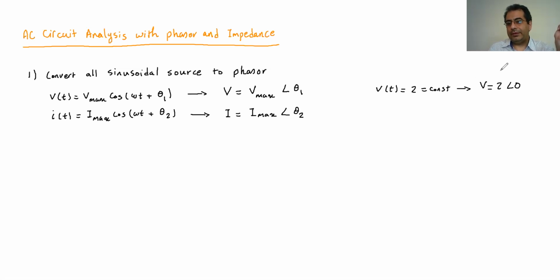So if we have anything that is not sinusoidal, you can put it into phasor form like that: its magnitude with an angle of 0.